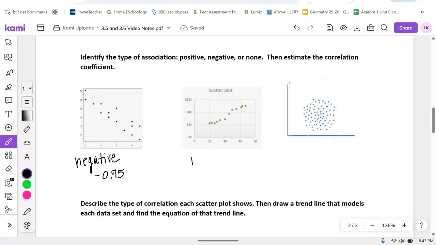Whereas this is going to be positive, and as you can see, it is super tight, almost a straight line. So I would say probably 0.9. And then this would be no correlation whatsoever. You can't even tell me close to what direction it is. So it's just going to be a 0.